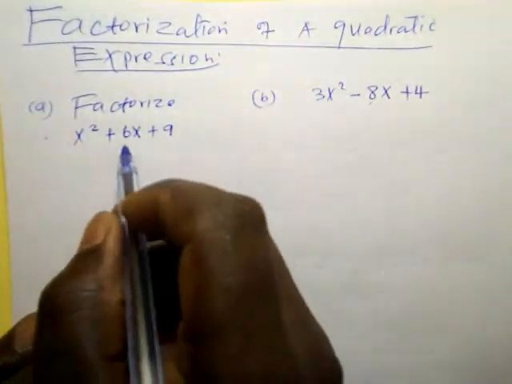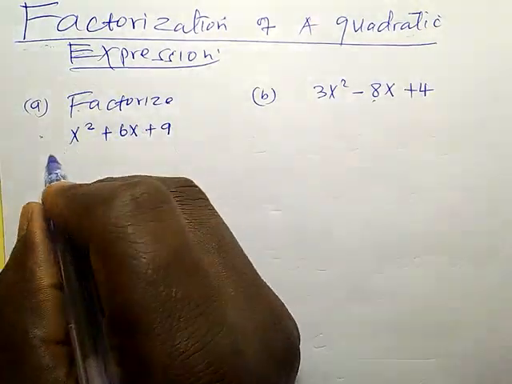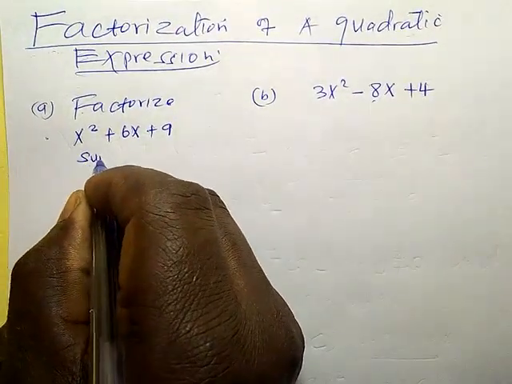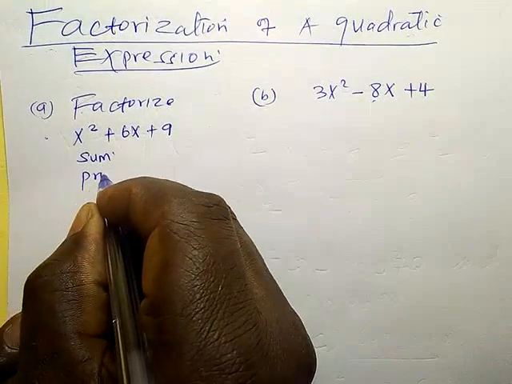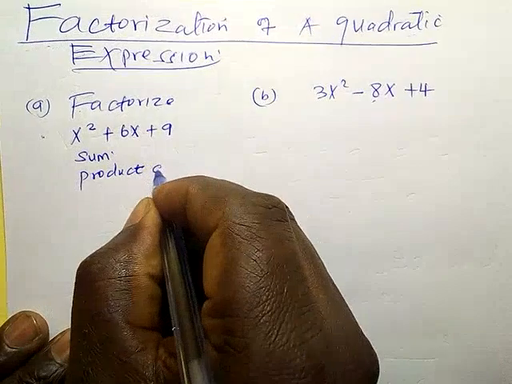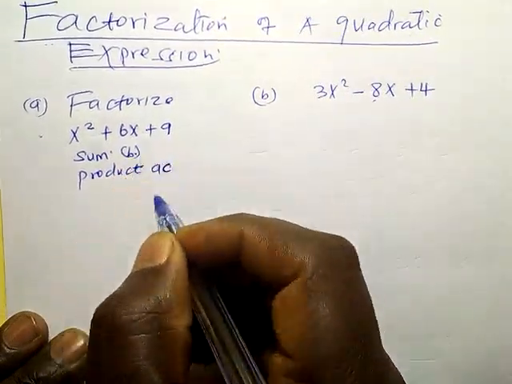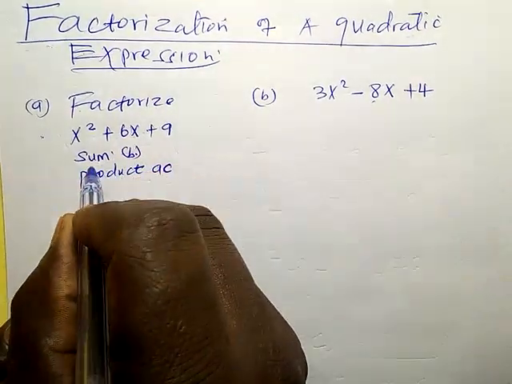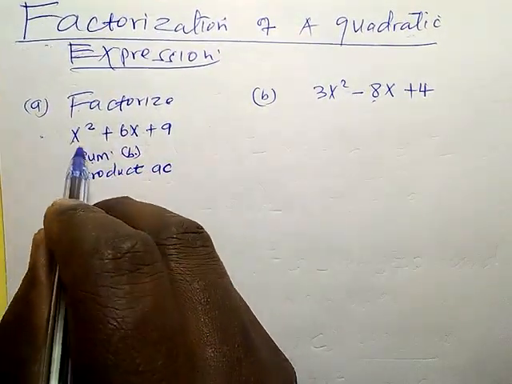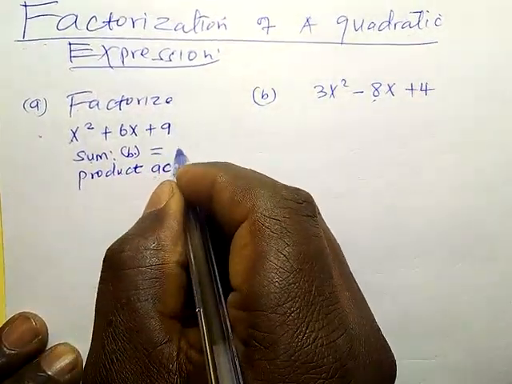To factorize this, to find the factors making up this expression, you must know that we have the sum and the product. The product is obtained by AC and the sum is just B. You look at B, you have the sum, and the product is AC. So our sum is equal to 6.